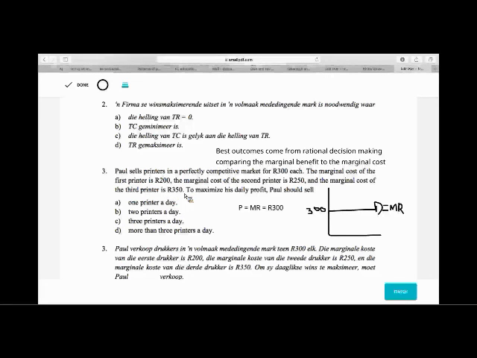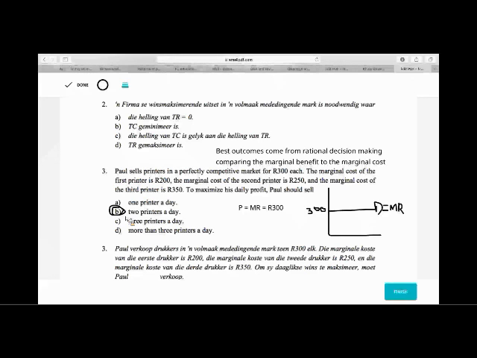So in other words, the third printer is going to be marginally loss-making for him, and because that printer makes a marginal loss, it's going to take away some profit. So to maximize his daily profit, he should produce 2 printers a day. Even though that second printer isn't exactly where MR equals MC, as long as MR is at least greater than or equal to MC, you continue to produce.